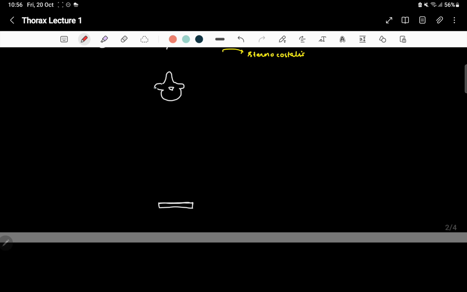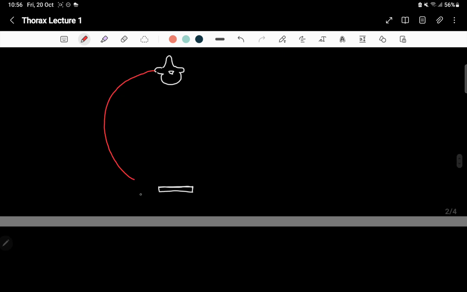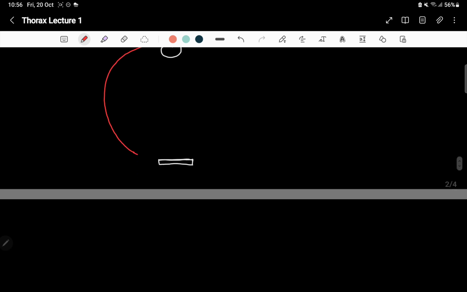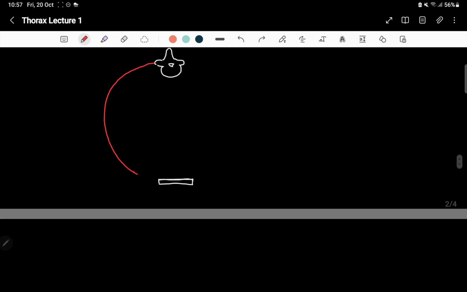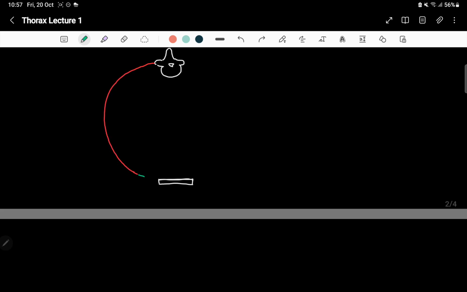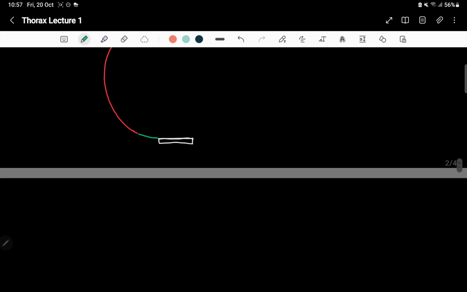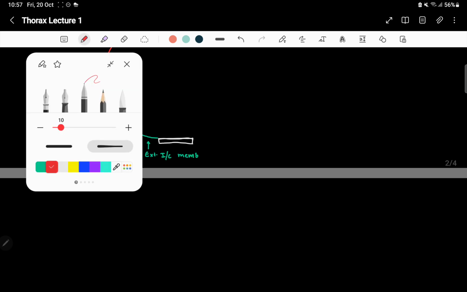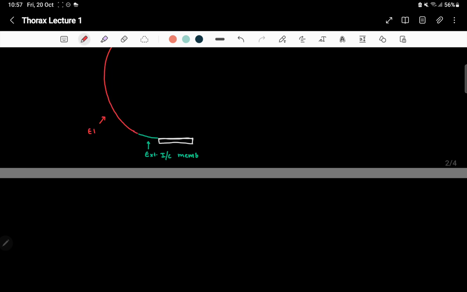So first one, which arises from a transverse process and goes most of the part to the sternum, not all. It doesn't connect to the sternum, just goes near the sternum, and from this part to the sternum is connected by your external intercostal membrane. This is an external intercostal membrane, not the muscle. And this muscle is your external intercostal muscle.